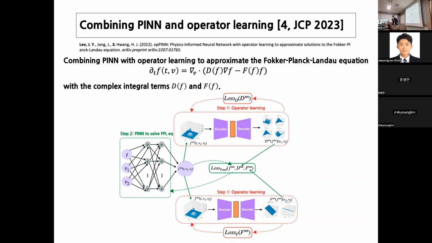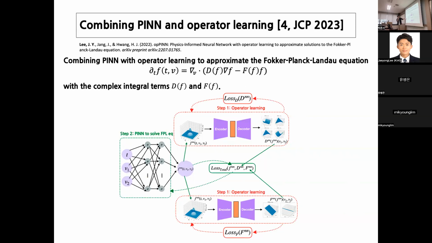Then we can use operator learning to help PINN solve this equation. In this picture, the solution is F, depending on t, v. If we use PINN directly, we can approximate F with t, v1, v2 as input, and the output is F.